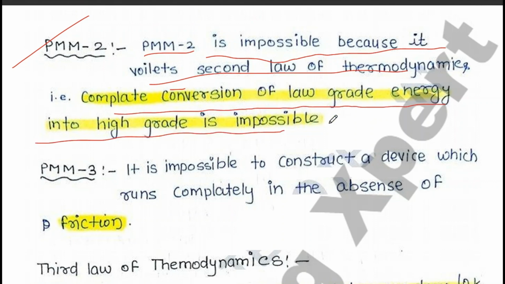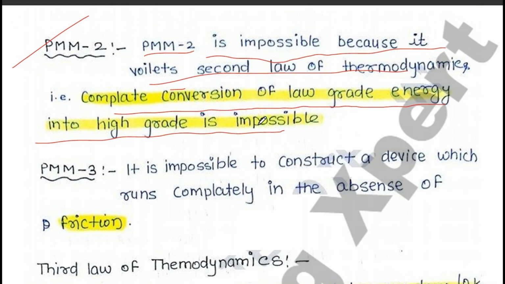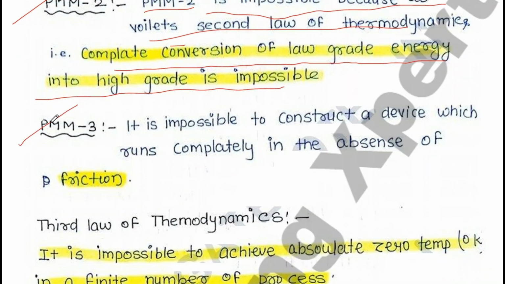You need a reservoir or a sink where we reject some heat to get some work output. So you cannot convert all the heat to work.